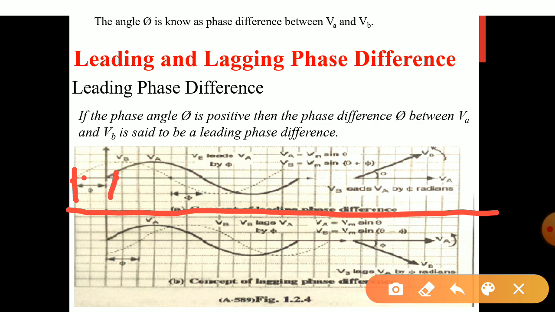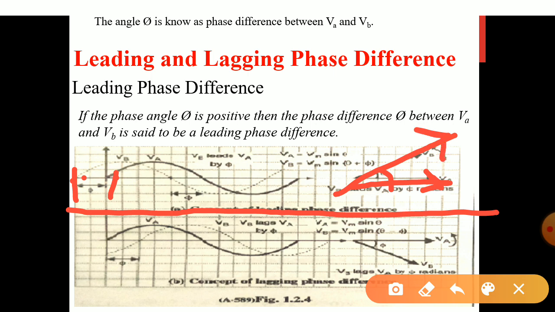Now while drawing this phasor, as we have started from the origin, we could draw VA over here, and this is the phi angle, this much. Here we have drawn VB.